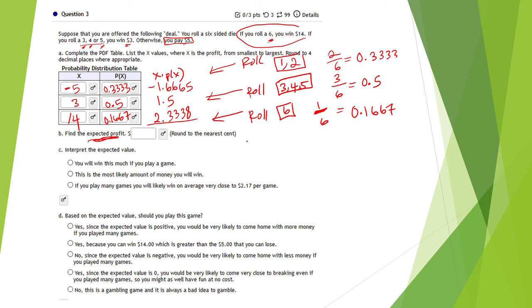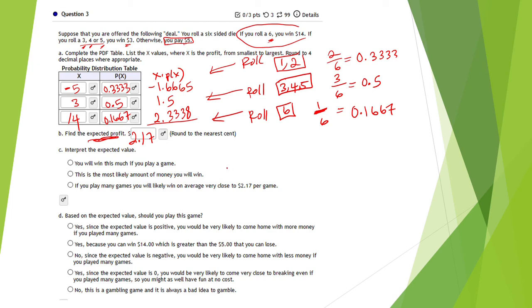Now I can add this up and then we'll find our expected profit. And let's round this to the nearest whole cent. And I got the total is 2.17. So about $2.17 is the expected profit. Again, to calculate this, I just added the column that has X times P of X. That's going to be our expected profit, $2.17.